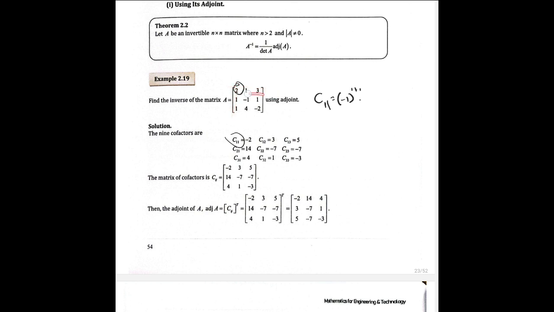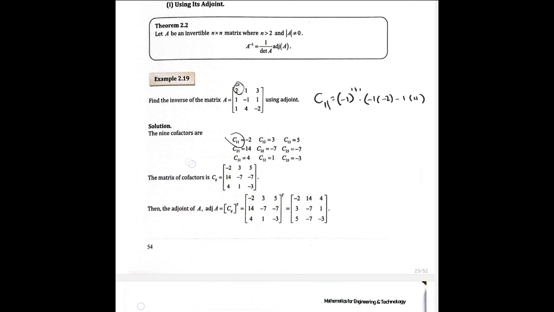Focusing on the rest, it is this times this minus this: -1 times -2 minus 1 times 4.